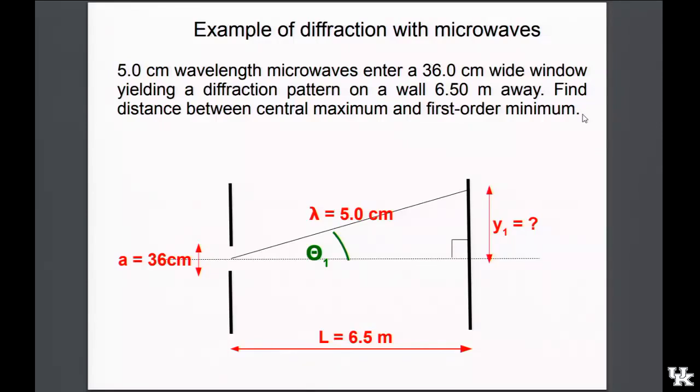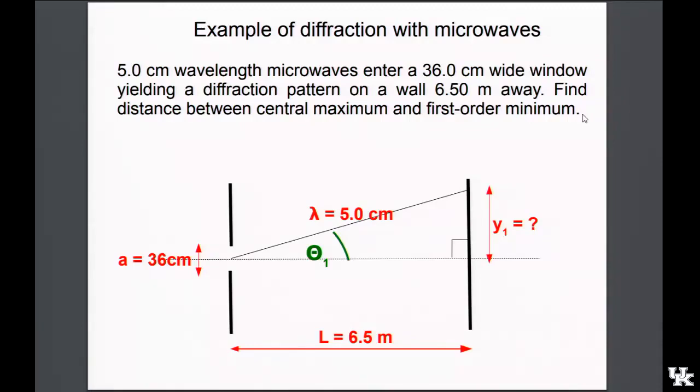We're told in this problem that the microwaves have a 5 centimeter wavelength, that the window has a width of 36 centimeters, and that the distance to the far wall, the screen, is 6.5 meters.